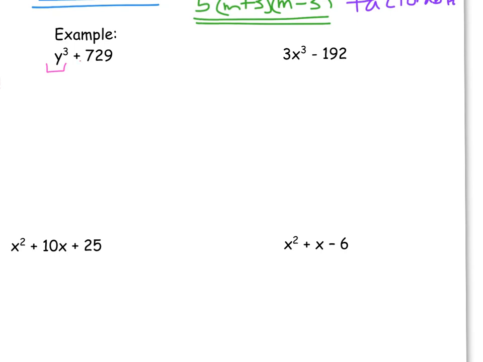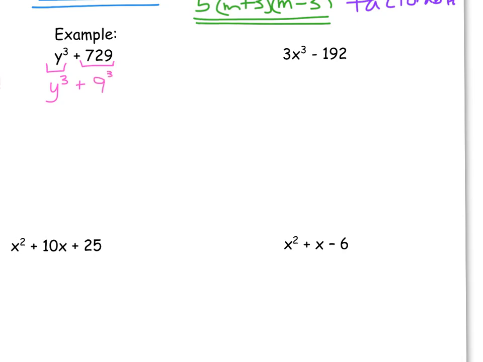But 729, we have to think about what number you could multiply by itself 3 times to equal 729. Well, 9 times 9 is 81, and if you multiply 81 times 9 again, you get 729. That means y cubed is a perfect cube, and so is 729.